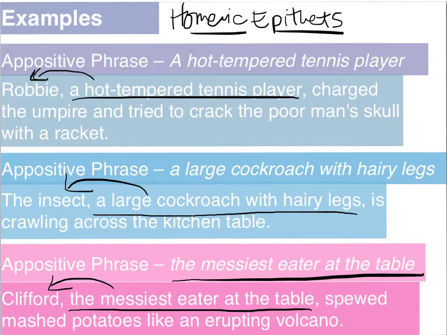And so we get a little bit more context, as we do with all of these. The appositive is able to give us a little bit more context as to why that person would be acting that way, or gives us a little bit more context to the situation at hand.